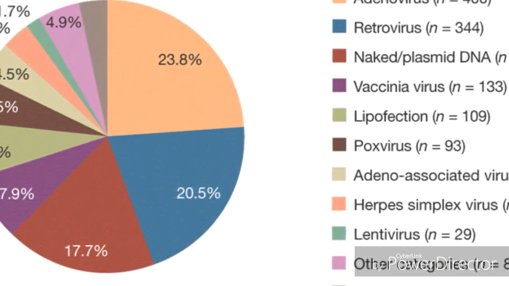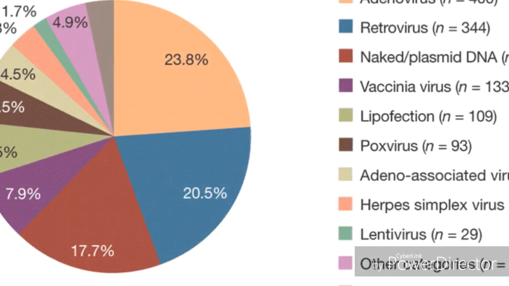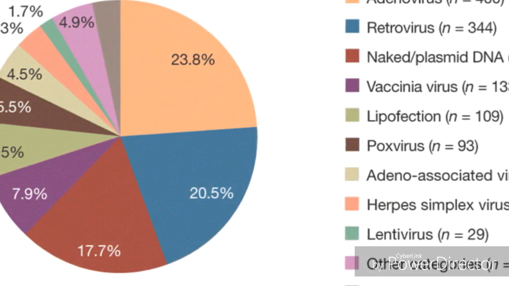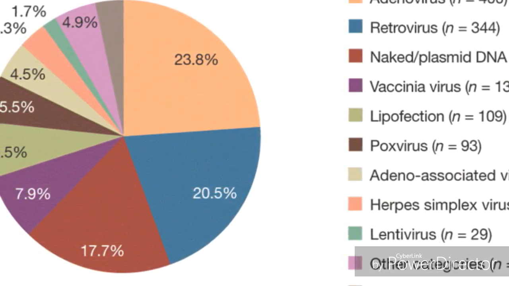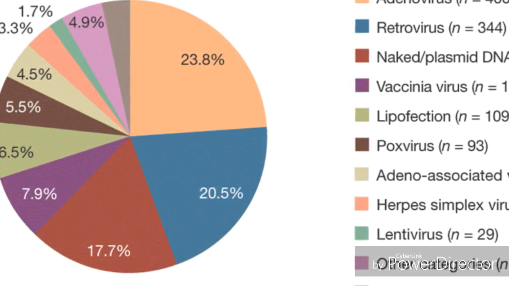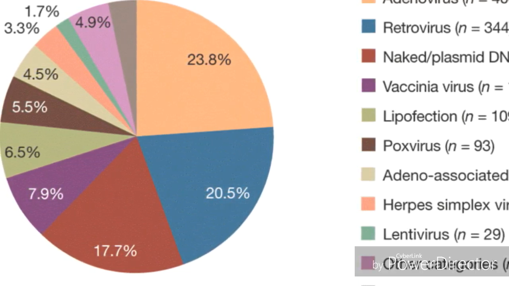Adenovirus is extrachromosomal DNA, and its advantage is highly efficient transfection in vivo and ex vivo. Herpes simplex virus is extrachromosomal DNA with very good length of expression, especially in vivo. Safe for use in immunocompromised patients.